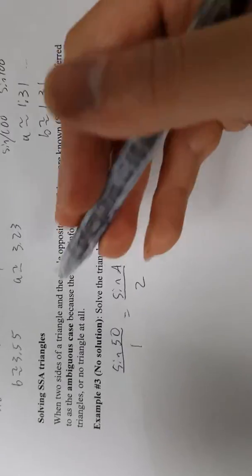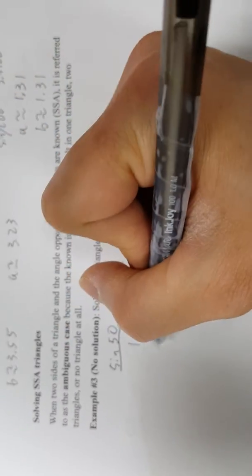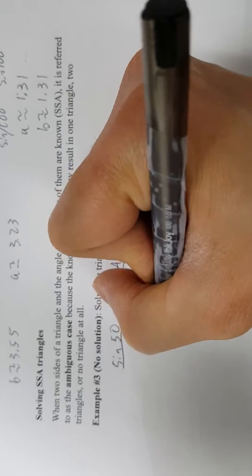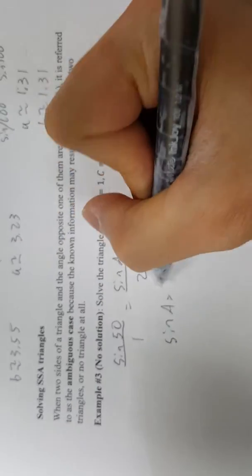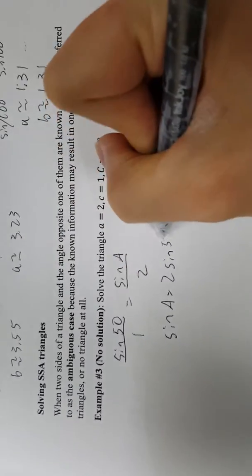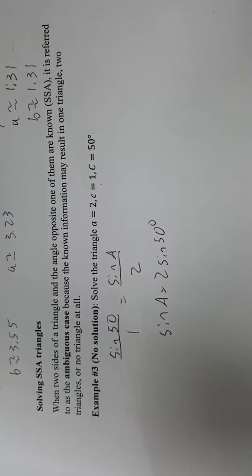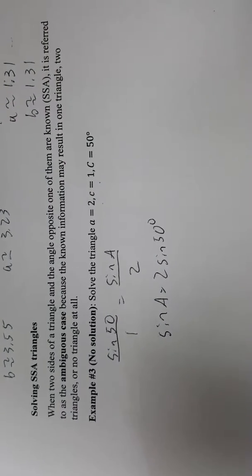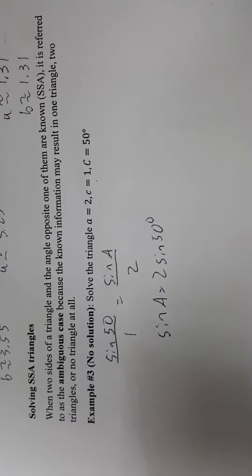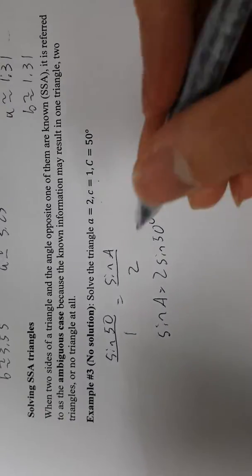Now, if I cross multiply, I get sine A is equal to 2 sine 50. Now, if you do 2 times sine 50 on your calculator, you get a value of 1.53.